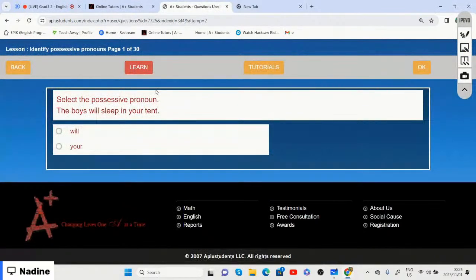The boys will sleep in your tent. So is it will or your? The boys will sleep in your tent. Your or will.